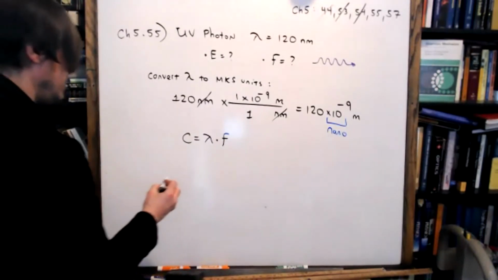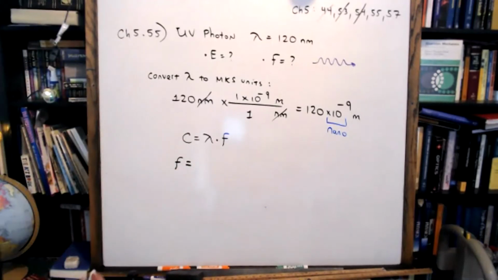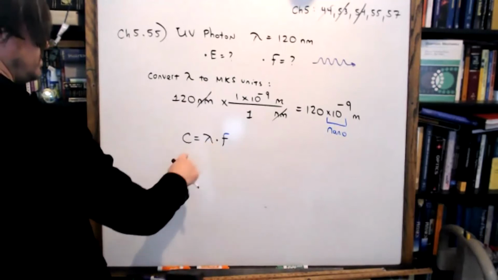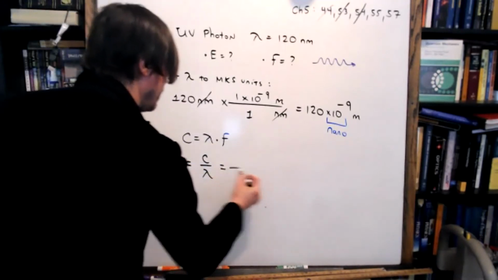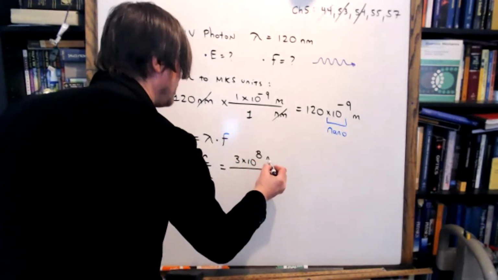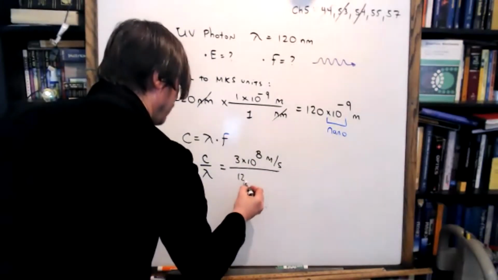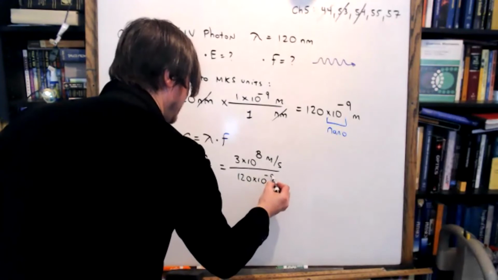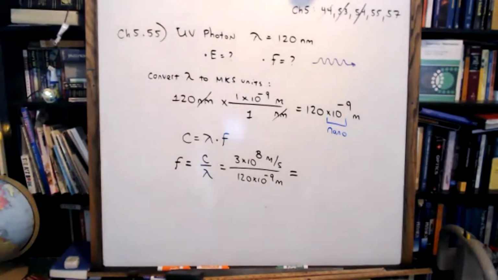Yep, frequency equals C over wavelength. Good. Put the wavelength on the other side. We know that the C is 3 times 10 to the power of 8 meters per second. We know that our wavelength is 120 nanometers. Punch them up.